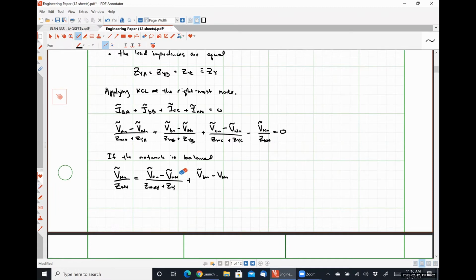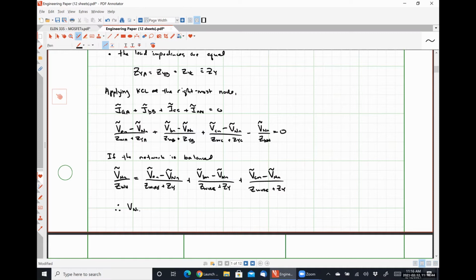Dang it, I got this one backwards. Over Z wire plus ZY plus VCN minus VNN over Z wire plus ZY. And I can rearrange things, and it leaves me with this relationship.